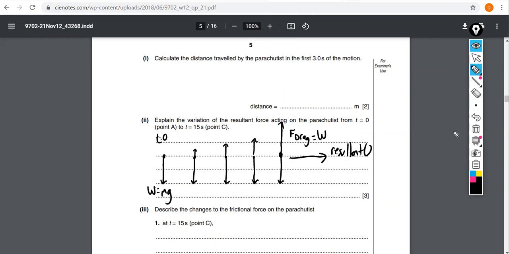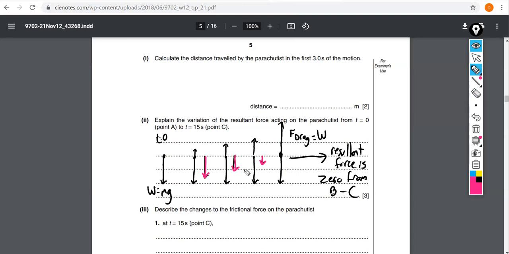So the resultant force is 0 from B to C. The resultant is just the weight initially, and then it's still down, but a little bit less down, until eventually it's 0. So this vector right here in pink ink is the resultant. Actually, that's red for resultant.